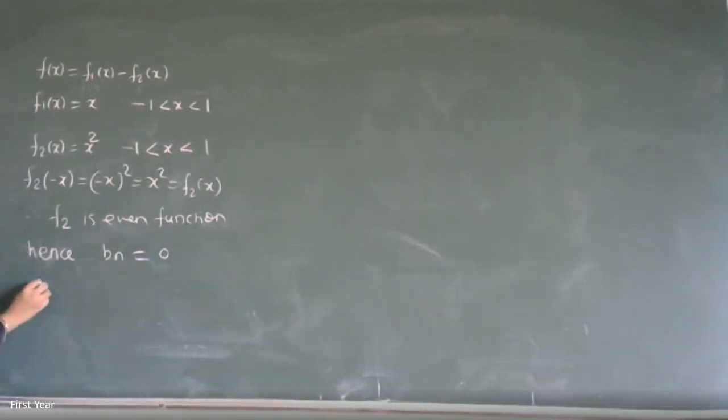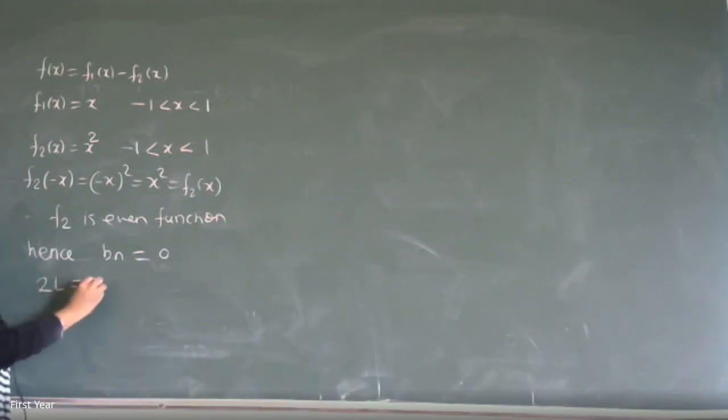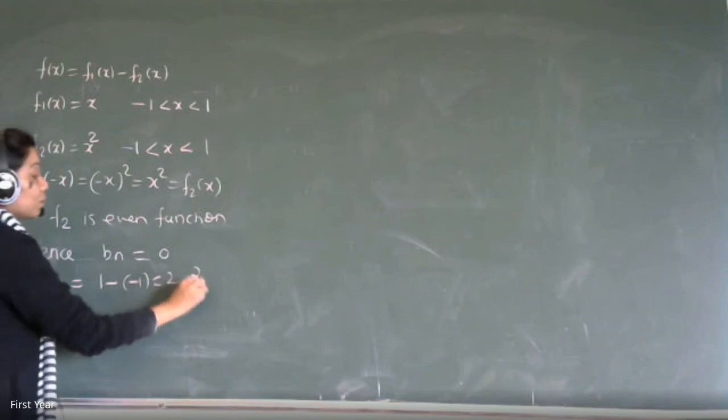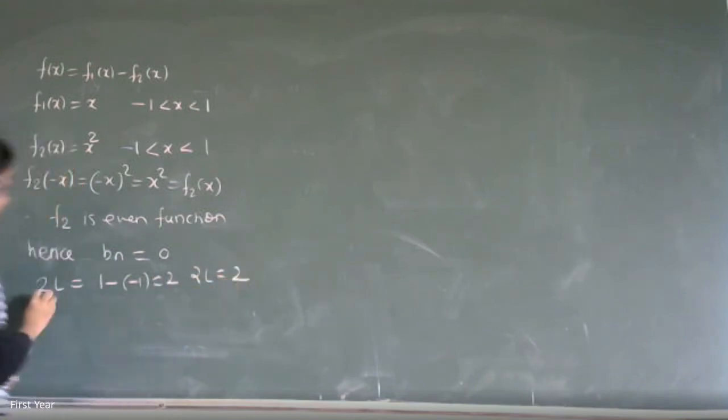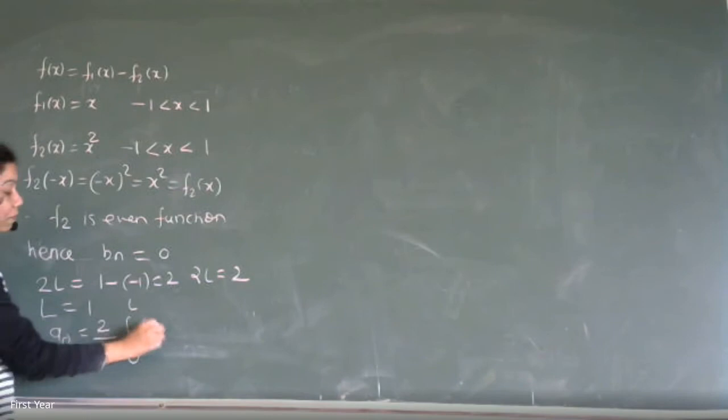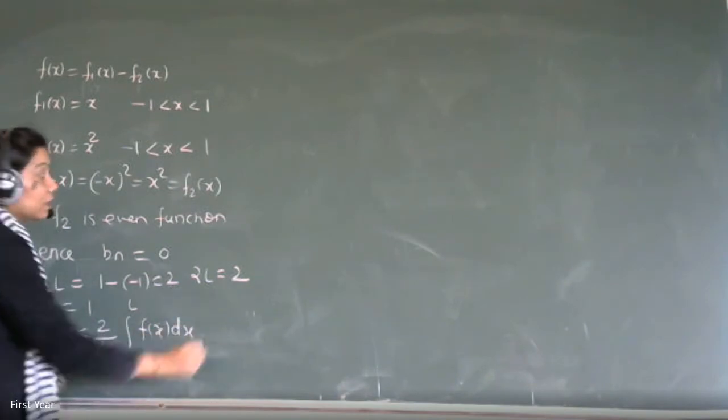Okay, now we have to find a naught and an. So 2l is equal to the upper limit minus the lower limit, that is 2, so l is equal to 1. The formula for a naught is 2 by l, integration 0 to l of f of x dx.